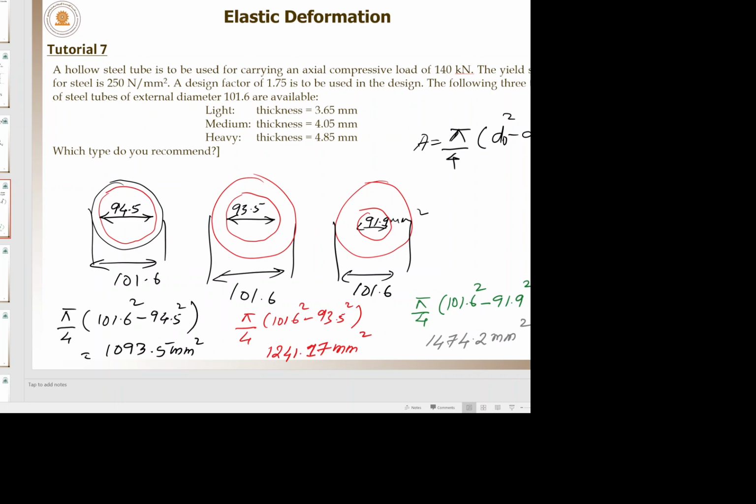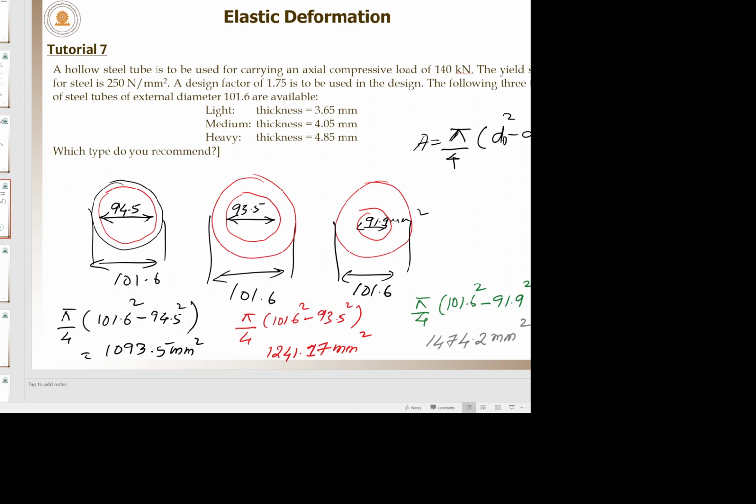Not 1093, see, this is the trouble. You have to give me the correct answer because it is getting recorded. Please check. 101.6 square minus 94.5 square multiplied by pi divided by 4, 1093 is the correct answer.